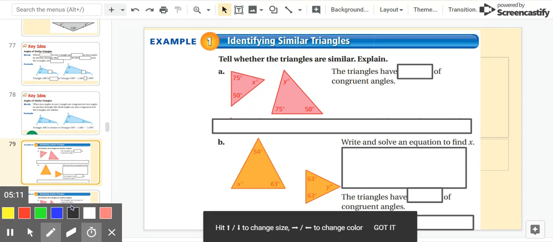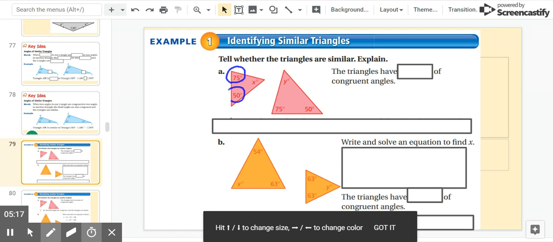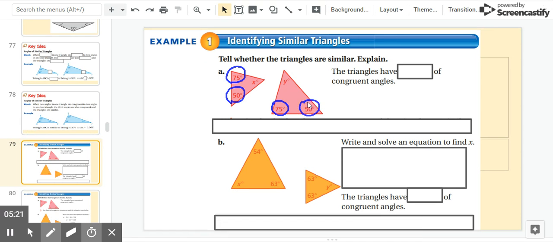Let's look at the example. So we need to check angles 75 and 50. We have 75 and 50. So what you can say is the triangle has how many pairs of congruent angles? Two pairs of congruent angles. So if two pairs are congruent, automatically x and y are congruent.